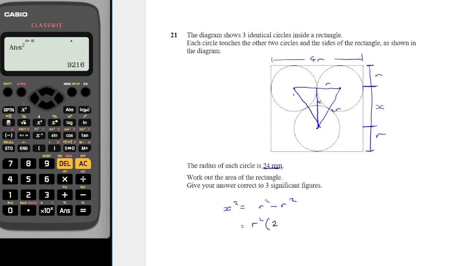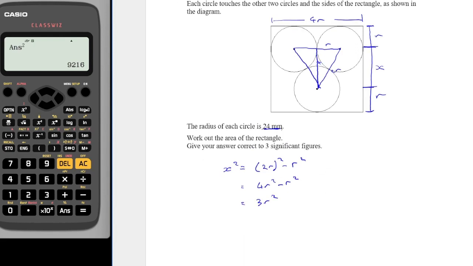Let's write that in a bit more detail. So 2 times the radius, squared, minus the radius squared. That's going to be equal to 4r squared minus r squared, which is equal to 3r squared. So x is going to be equal to root 3 times the radius.